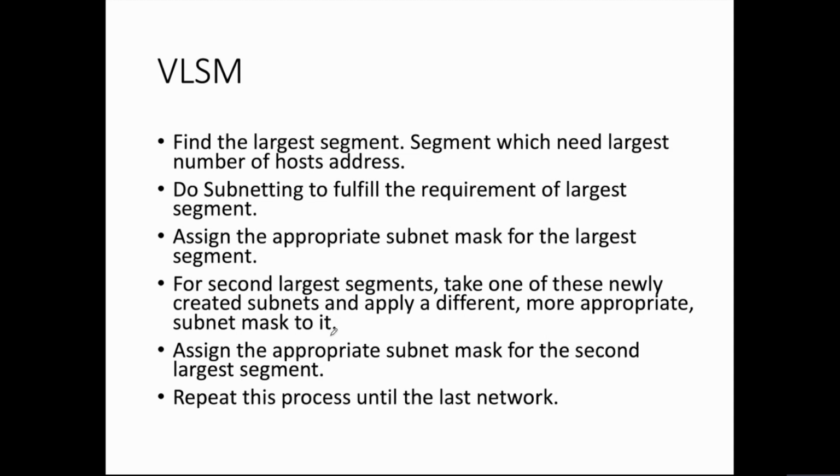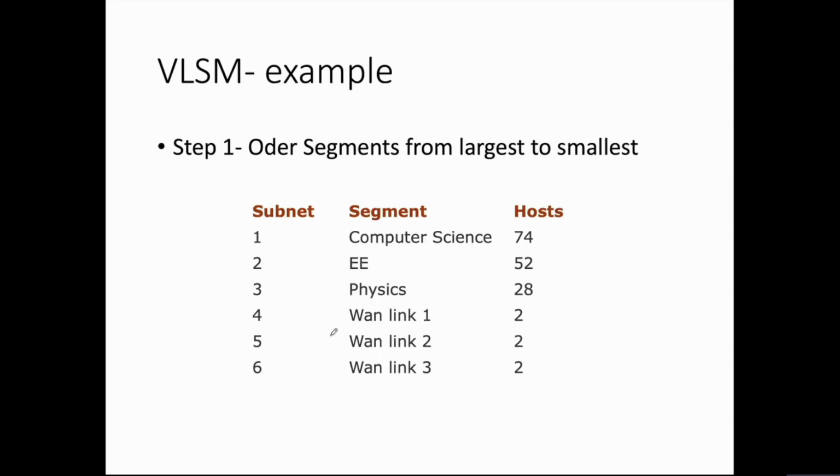Let's try to understand this with the help of an example. Suppose we have a class C address, and this is the requirement that we have to meet. At the university, for the computer science department, I need 74 nodes. In electrical engineering, I need 52 nodes.